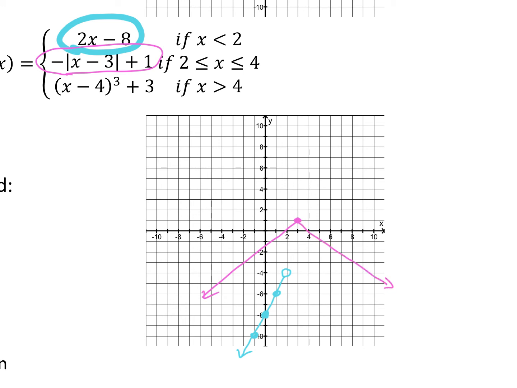And I've drawn the whole thing. But let's now look at the restrictions. I only want that piece to be there between what x values? 2 and 4. So here it is at 2. Here it is at 4. I only want to keep the section between them. So what's that section going to look like? A little upside down B. I don't want this piece, and I don't want that piece. Okay?